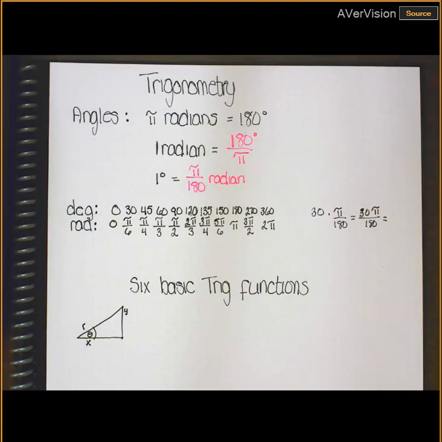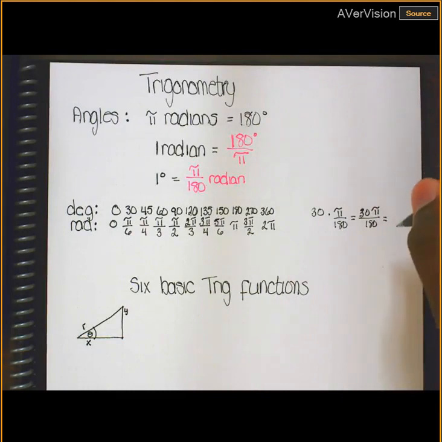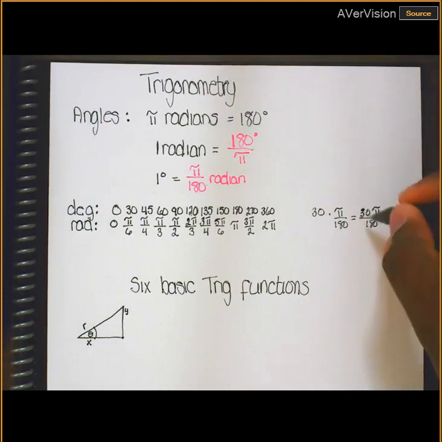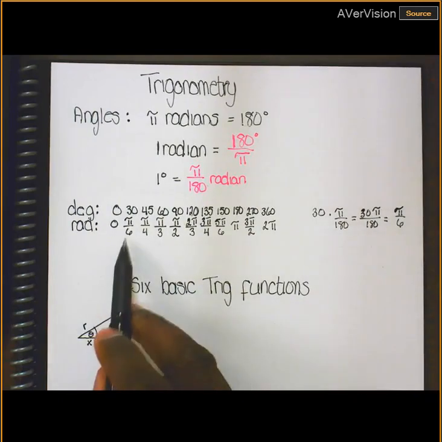You're allowed to use a calculator. What's 3 divided by 18? Can we simplify that? Yeah, we would have 6 in the denominator. So 30 becomes pi over 6.